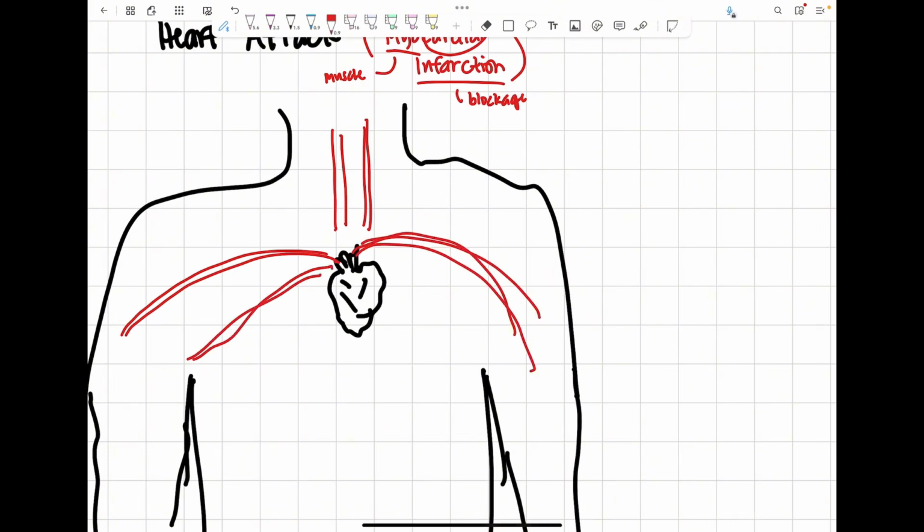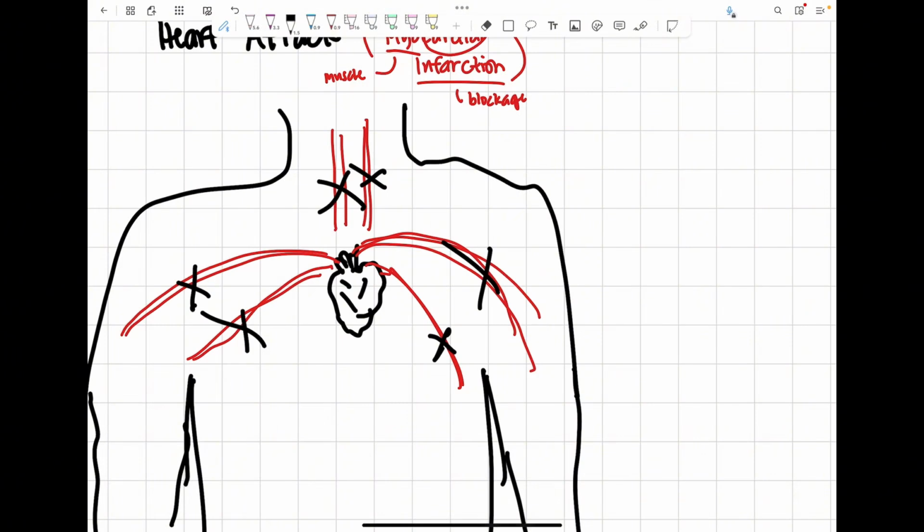So basically, there is a blockage somewhere, I don't know how to draw it. Since there is a blockage in the arteries, it cannot deliver a sufficient amount of blood to your heart.